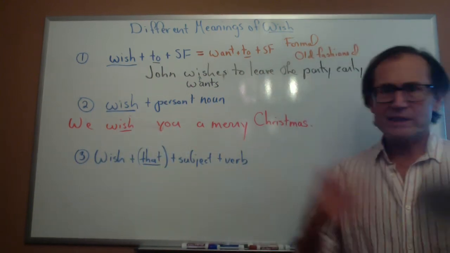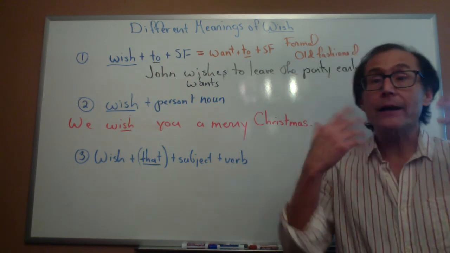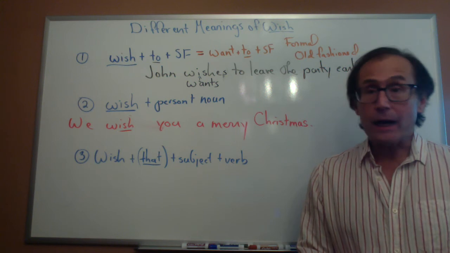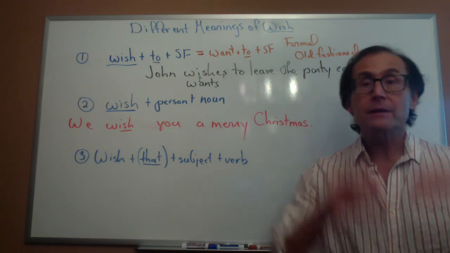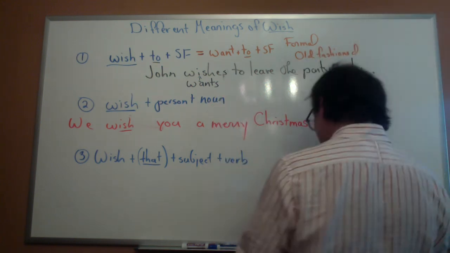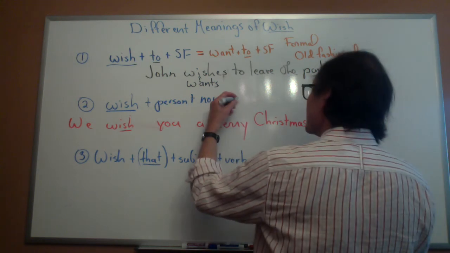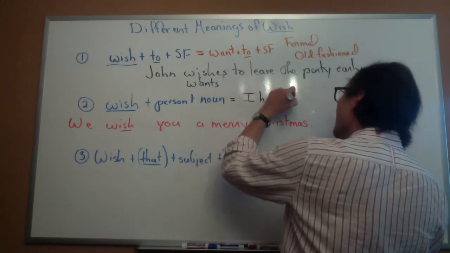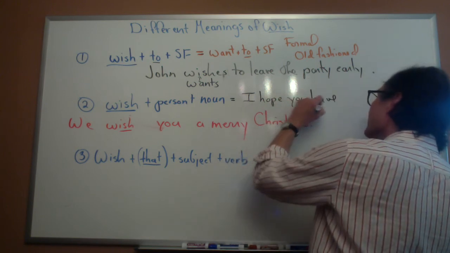Now, what does that mean? It basically means, I hope that you have this thing, okay? If I say, I wish you a Merry Christmas, it means, I hope that you have a Merry Christmas. So wish plus a person plus a noun equals I hope you have or will have.